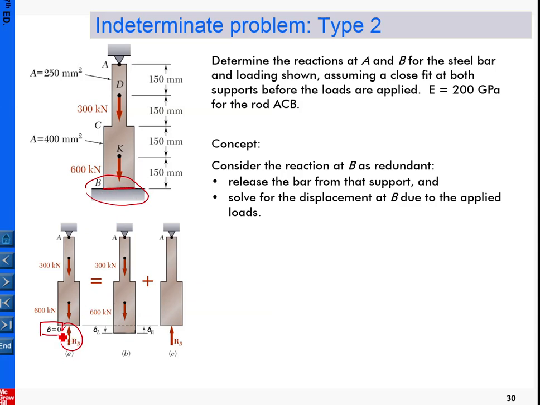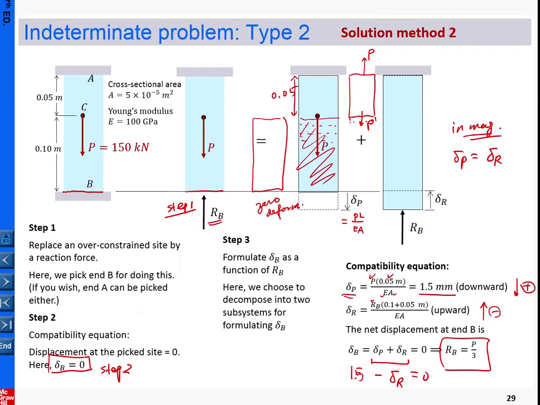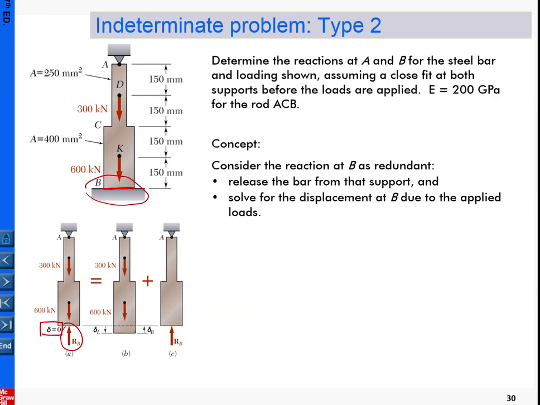So basically that is the preferred approach, where we take step 1 and step 2. Okay, and now we decompose the system into two subsystems. One subsystem is under given loading, the second subsystem is under reaction loading, and now we individually calculate this loading.